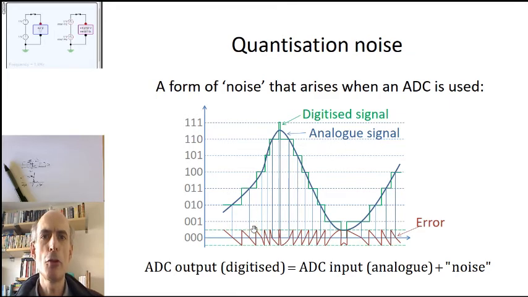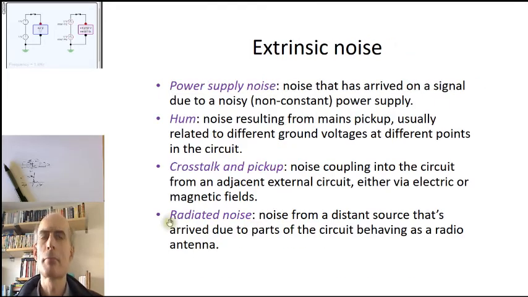Now we move on to extrinsic noise. Extrinsic noise comes from outside the circuit, and it can get into the circuit using a variety of different routes. From the power supply, for example, anything that causes the power supply to a circuit to not be a constant voltage level, but to be oscillating up and down, can cause an unwanted noise signal in the output of an amplifier circuit.